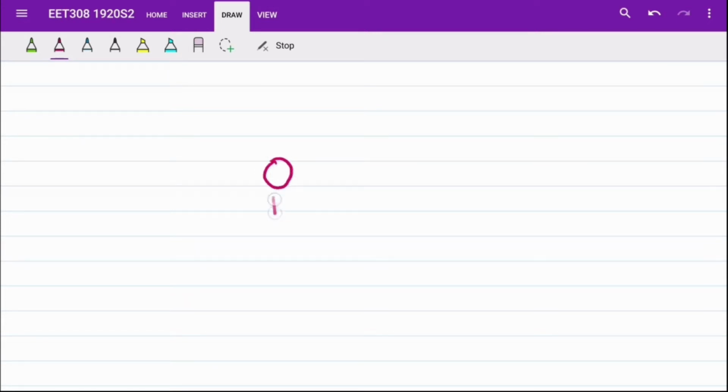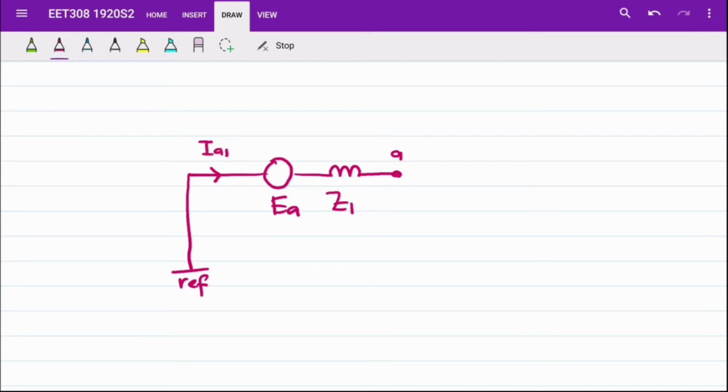The internal voltage EA is connected to the reference bus, and it is also connected to the positive sequence impedance Z1, where Z1 is connected with node A. The current that flows in the circuit is named IA1, and the voltage potential between the reference point and node A is VA1. So this is the other method that we can draw the synchronous generator positive sequence network.